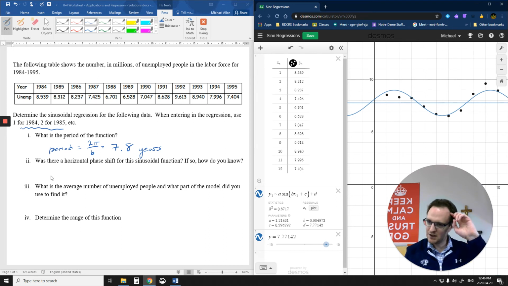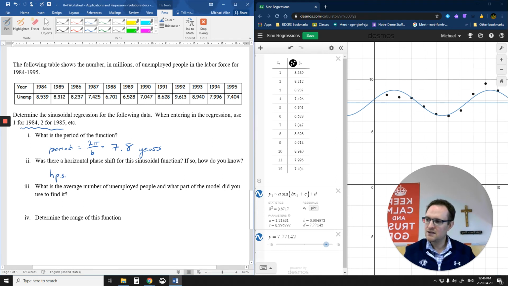Okay. Another way to determine if there is a phase shift is if there is a C value here. So a horizontal phase shift, yes, by C divided by my B value. So I have my numbers here. So my C, 0.95292.